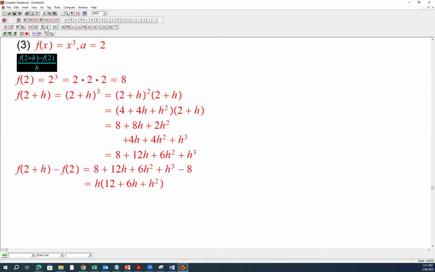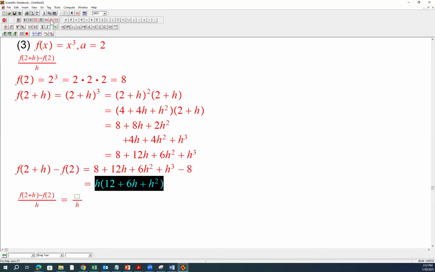So now we're going to compose the whole of it. That should equal, the denominator stays to be the h. The numerator would be that factor form. Can we factor further? Do we need to factor further? Not really, right?